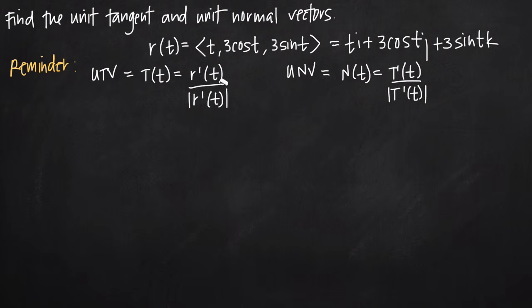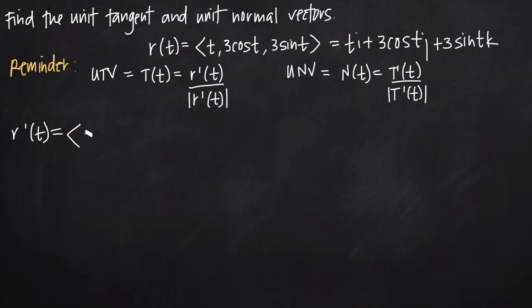We can see that the first thing we're going to need is the derivative of r of t, which is r prime of t. We can do it one of two ways. We can use this full vector function here and take the derivatives, or we can just use the components. Either way, we're just taking the derivative of each of these components individually. So let's say that r prime of t is going to be equal to, we'll use the components since that's what we were given.